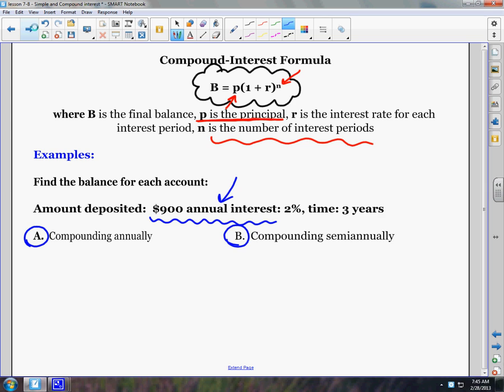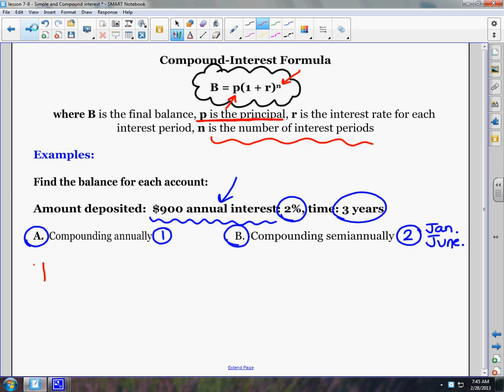But they can compound it annually, which means 1 time a year, or they can compound it semi-annually, which means 2 times a year, like in January and then again in June. So, and then you have a 2% rate for 3 years. So I'll show you how to do this.